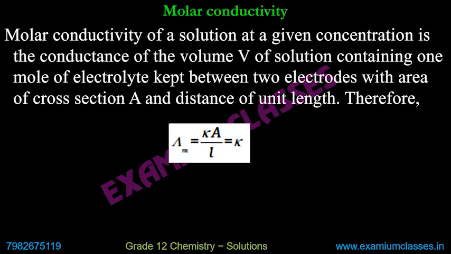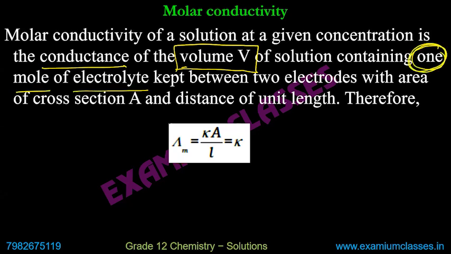Molar conductivity. Molar conductivity of a solution at a given concentration is the conductance of the volume V of the solution containing exactly 1 mole of electrolyte kept between two electrodes with area of cross section A and distance of unit length.